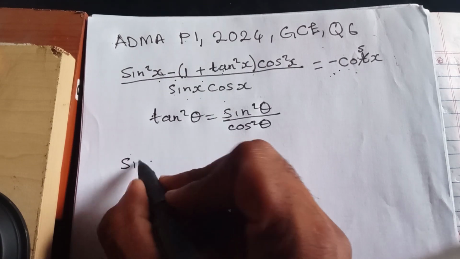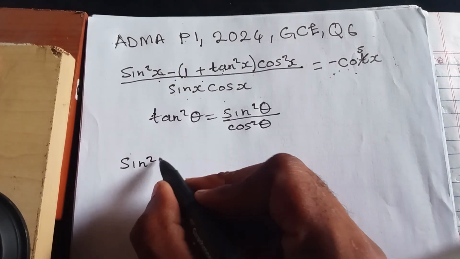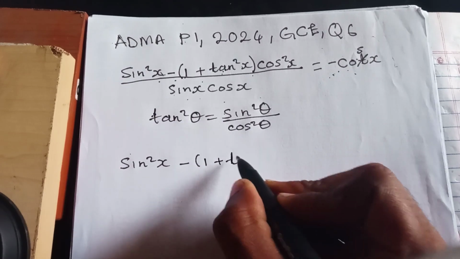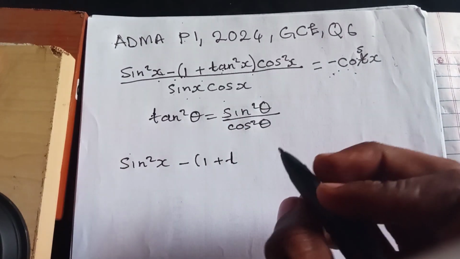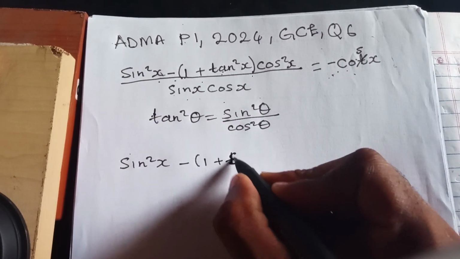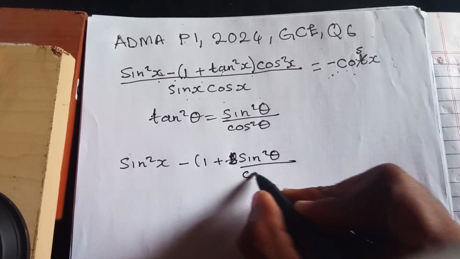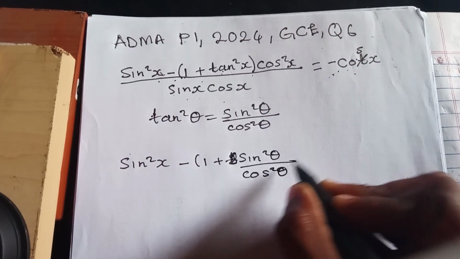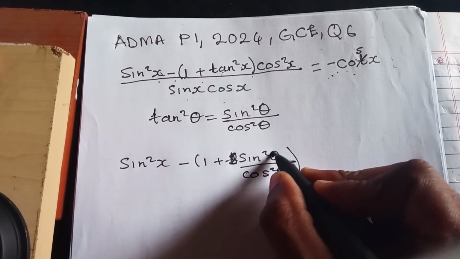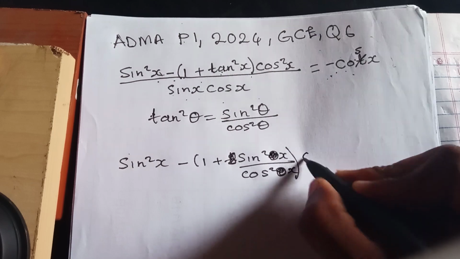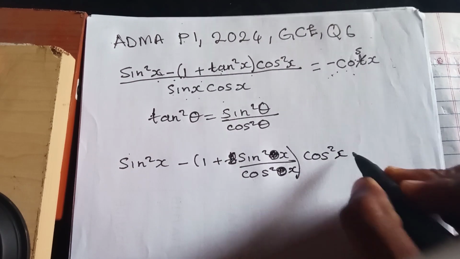So we can write the other part exactly as it is, and then on the part of tan there, we can say sin²θ over cos²θ instead. Actually, we are using x there, so let's just stick to that.